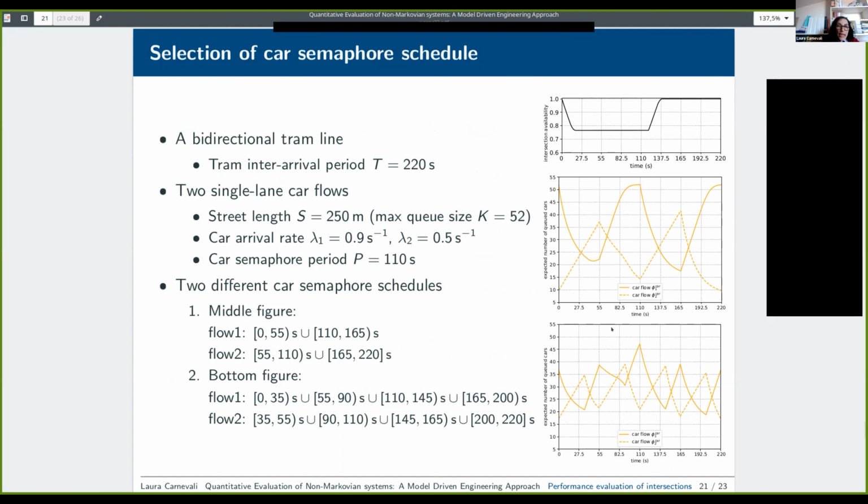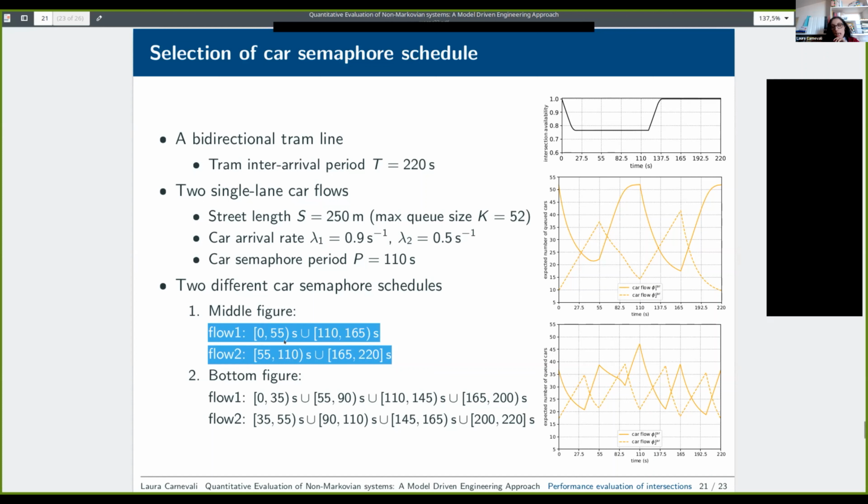For instance, in this case, we consider two car flows that have different arrival rates, one significantly larger than the other. So in the middle figure, we have reported the expected number of queued cars of the two flows, assuming that the hyper period is assigned in this way.